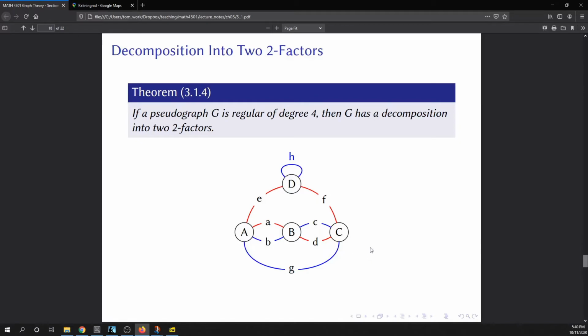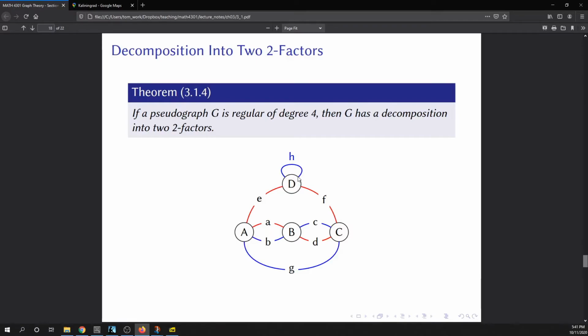And so if you look at this, then we've got two factors. We have this one with the edges colored blue, so you can see down here and this loop, and the red one as well. And you might say, hey, wait a second, what about that loop?